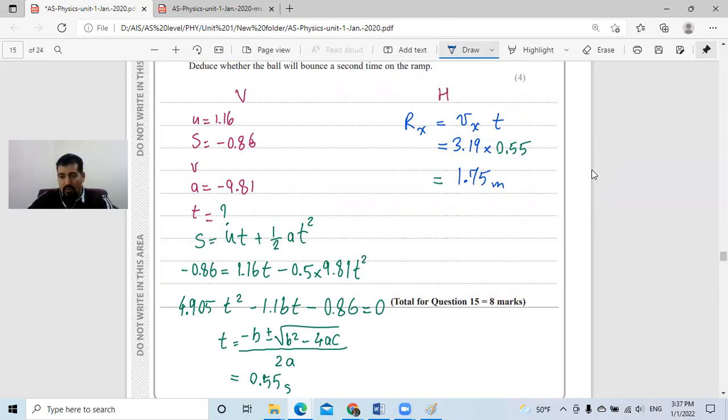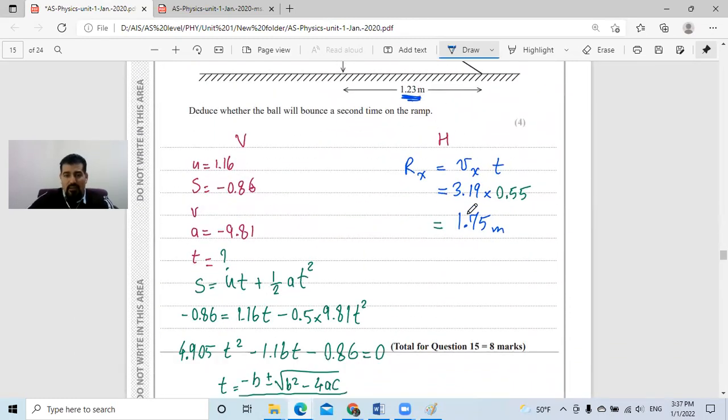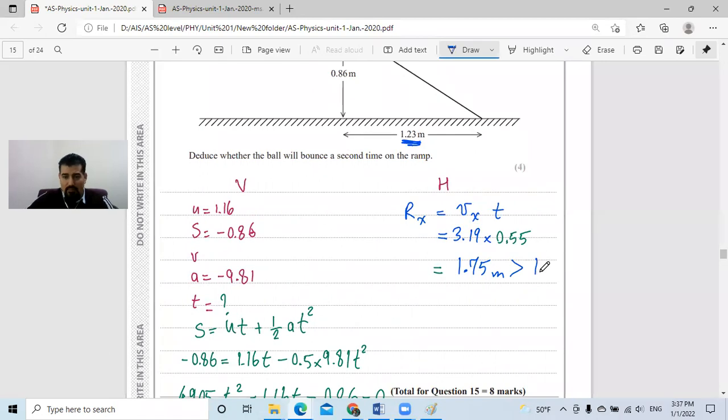So we will compare this value to this distance, which is greater than 1.23 meter. So it bounces out of the ramp, or you can say it doesn't bounce again on the ramp.